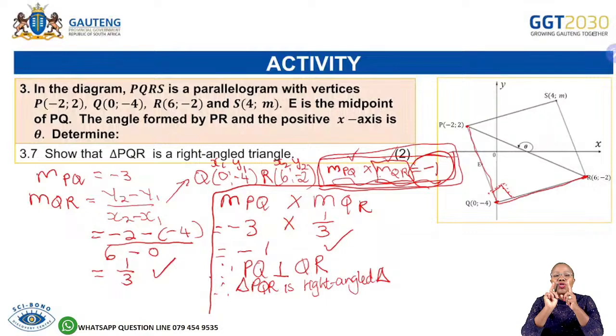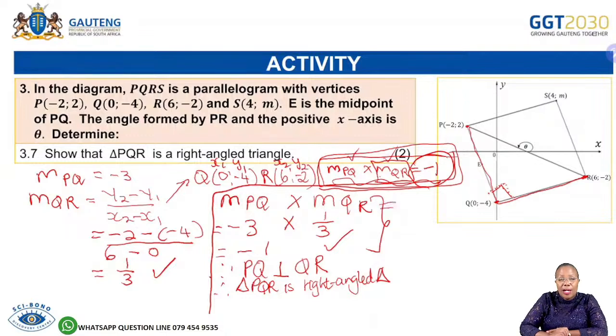No, you need to check: is it true that the product will be -1? Remember, in this case it is for you to test. You cannot conclude automatically that the answer will be -1. Show us that it will be -1. Okay, and then now move on to the next activity.